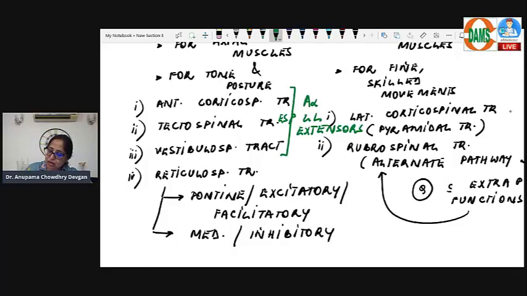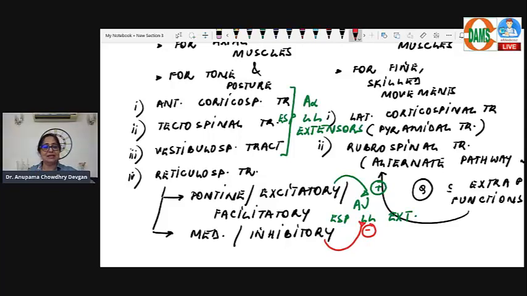The pontine tract will excite the A gamma fibers, not the A alpha, A gamma, especially of the lower limb extensors. And the medullary or the inhibitory tract will inhibit the A gamma of the lower limb extensors.